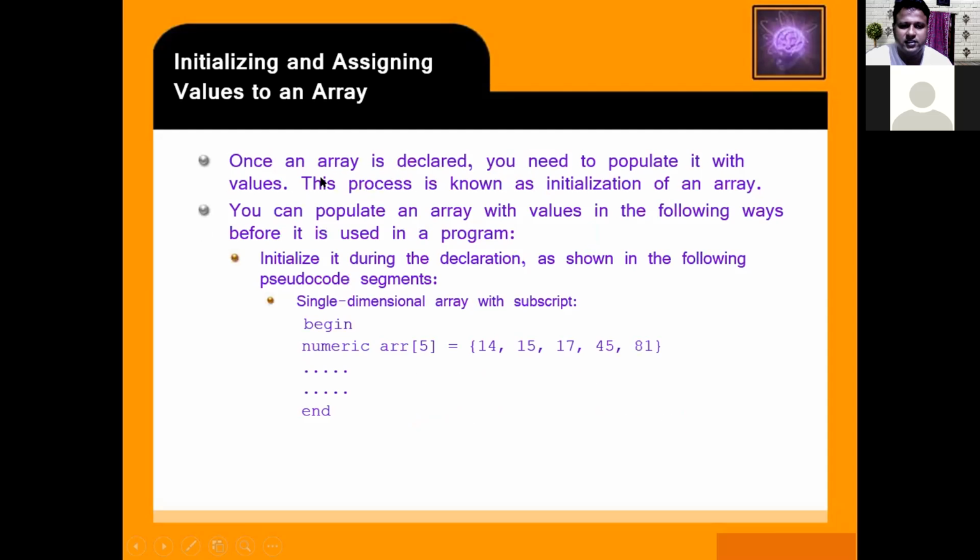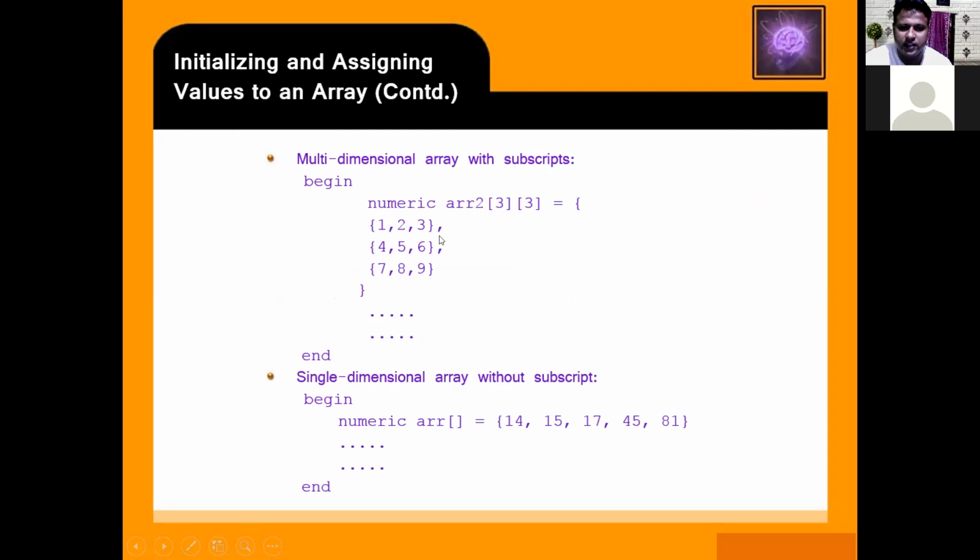Once the array is declared, you need to populate it. Populate means initialization. For the single dimension array, in a single row, we store the values 14, 15, 17, 45 and 81. In the multi-dimension array, we store 1, 2, 3, 4, 5, 6, 7, 8, 9.